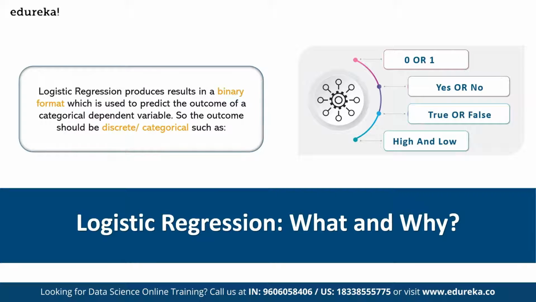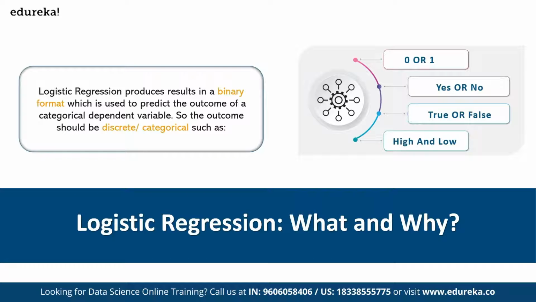In comparison, simple linear regression produces results in numerical or continuous values, like maybe 120,000 or a million. That is how they are compared. Mainly, we use logistic regression for binary classification. What is binary classification?